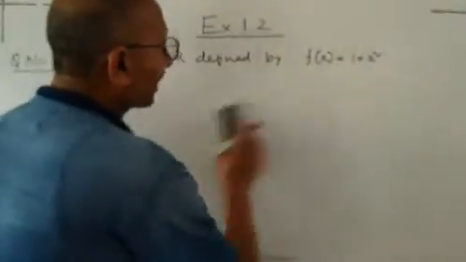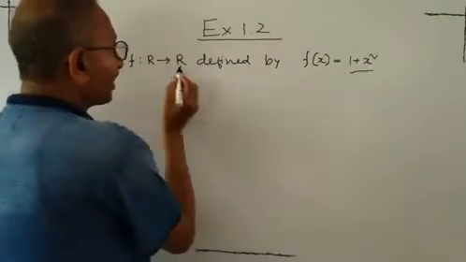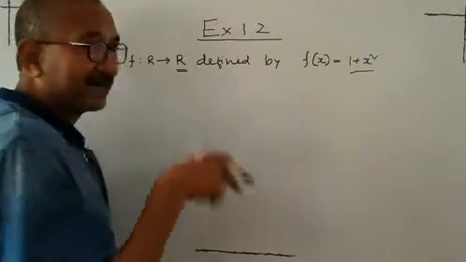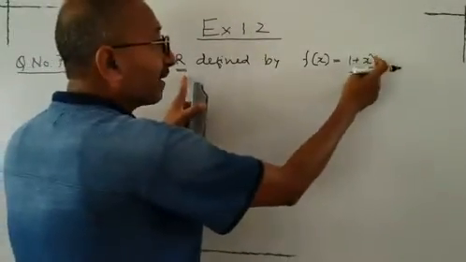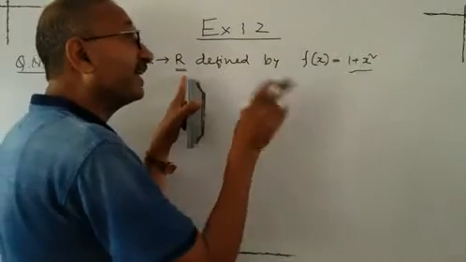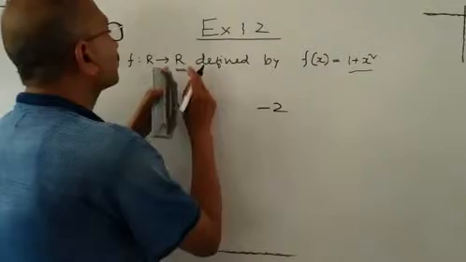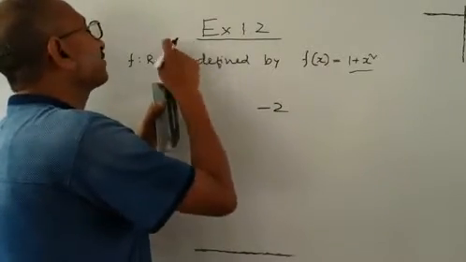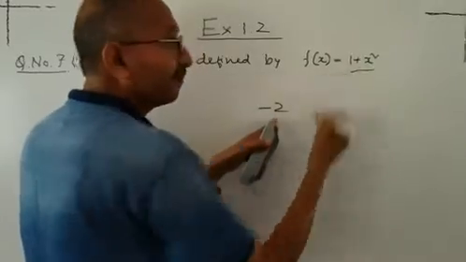Okay, now onto. Think in this way. 1 plus x square is a real number, and a negative number can also be a real number. So I have started thinking in a reverse way, with a negative number. Let us consider minus 2. Minus 2 is an element of this set, so it must be in this form.